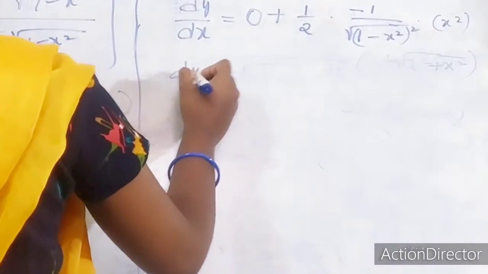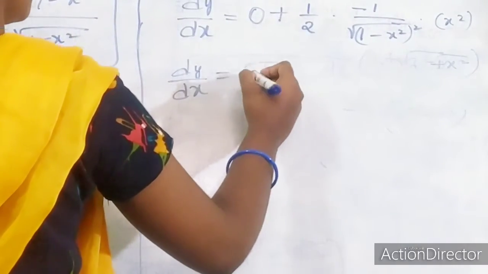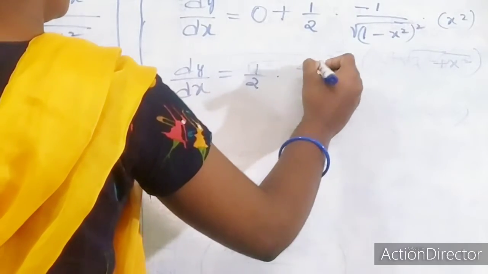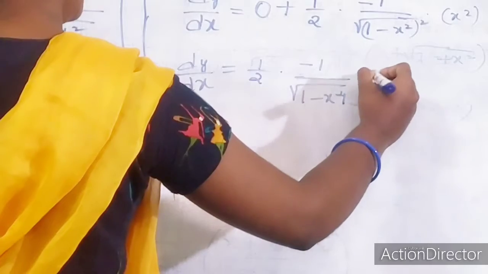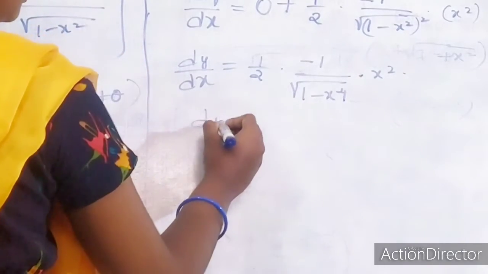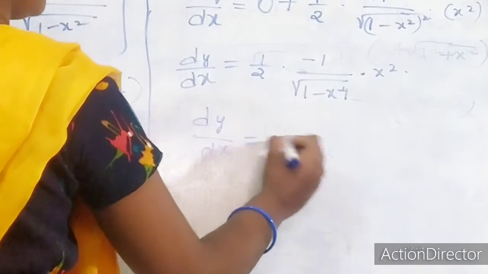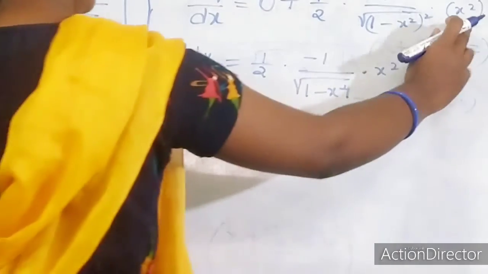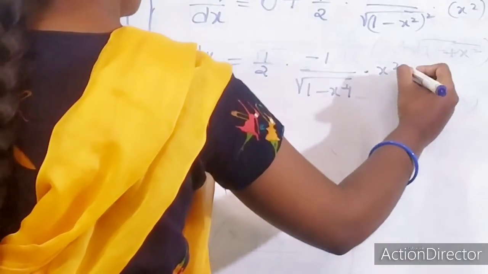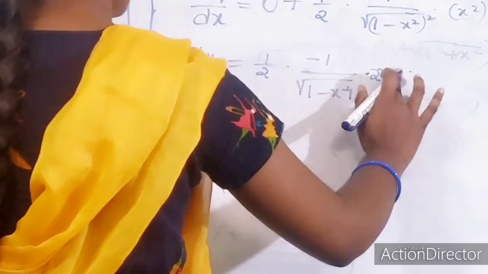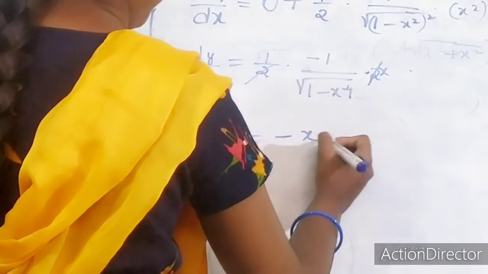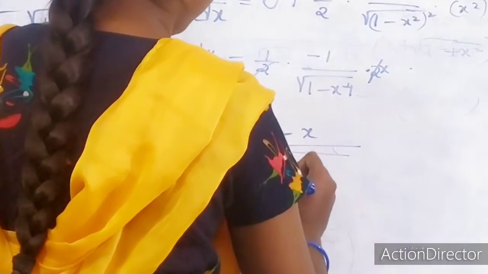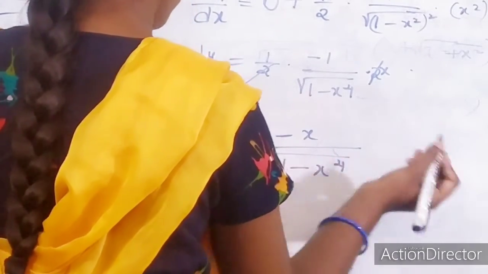That is dy by dx is equal to 1 by 2 into minus 1 by root of 1 minus x to the power of 4 into the derivative of x square. So the final answer: dy by dx of x square is 2x, so here 2 gets cancelled. So that is minus x divided by root of 1 minus x to the power of 4.